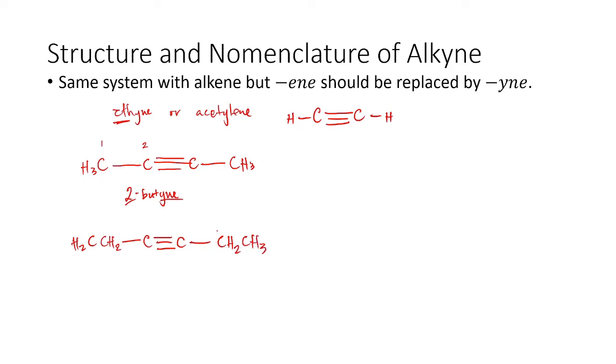As you can see here, if we count the number of carbons, we have 6. I have here 1, 2, 3, 4, 5, 6.